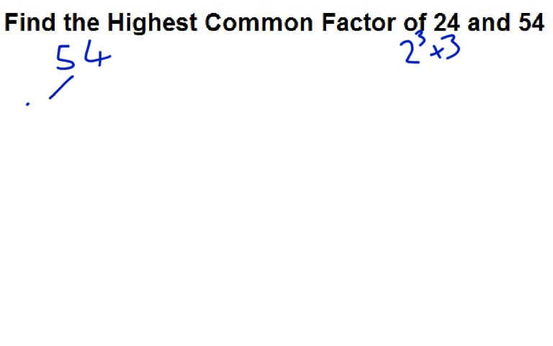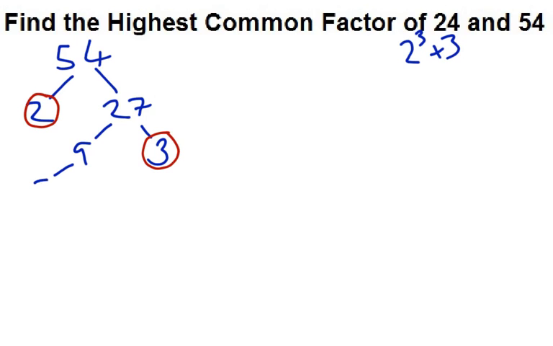So break it up, we get a 2 and 27. 2 is prime, so we circle it. 27 is 9 times 3, so 3 is prime there, and 9 is 3 times 3, and both of those 3's are prime, so 54 is equal to 3 cubed times 2.